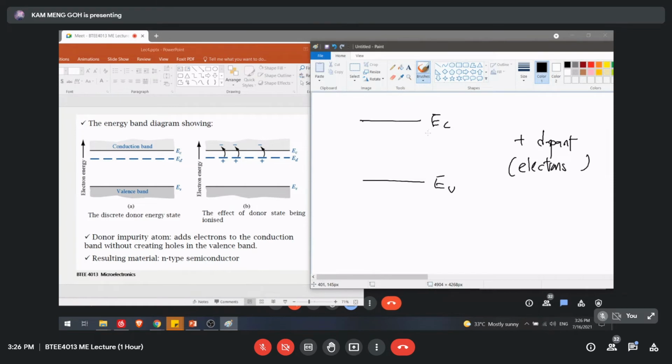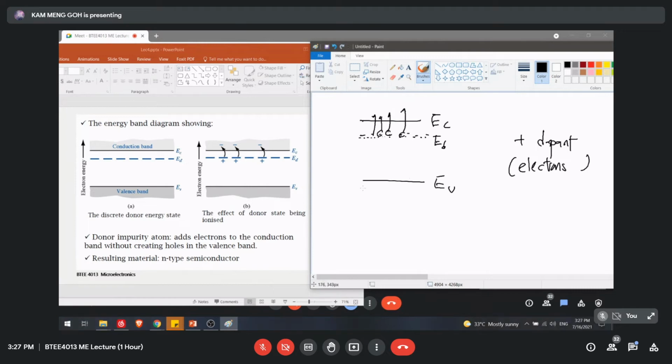How are we going to add the extra electrons? We add one donor state here, ED. This is the donor state energy, and this state will be full with electrons. Then after adding the electrons, all the electrons will jump from this ED state to the conduction band.